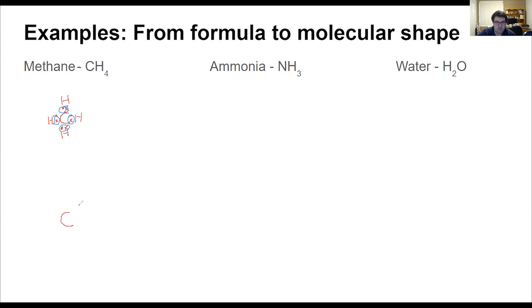To do that, if we take a look at our examples on the previous slide, we can see that the shape that will form is tetrahedral. So you'll end up with 1 pair of electrons that are bonded vertically above it, and then you'll have 3 prongs off the bottom of the carbon.